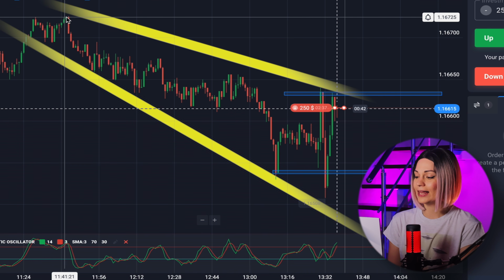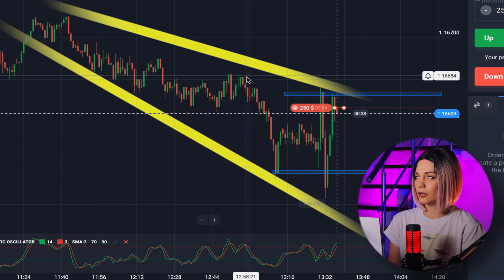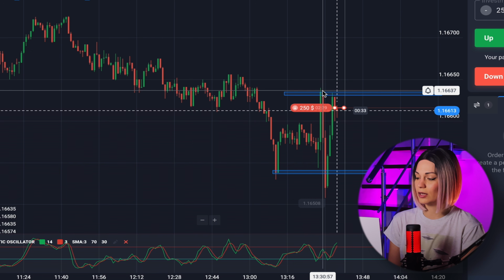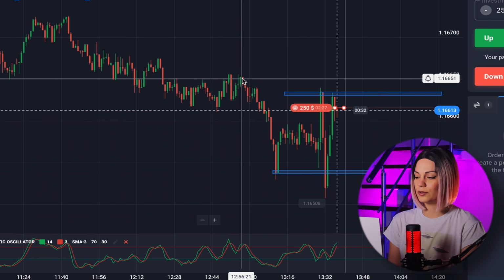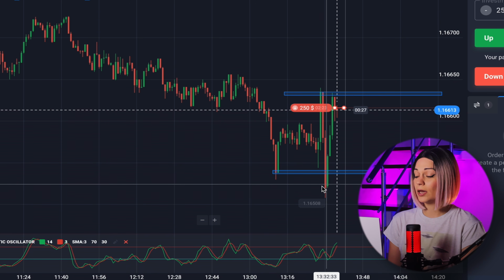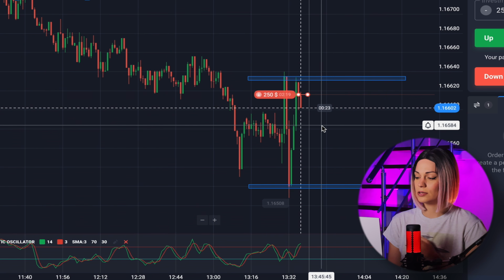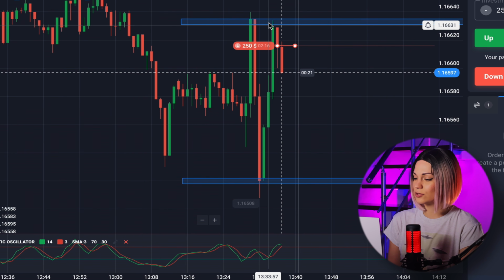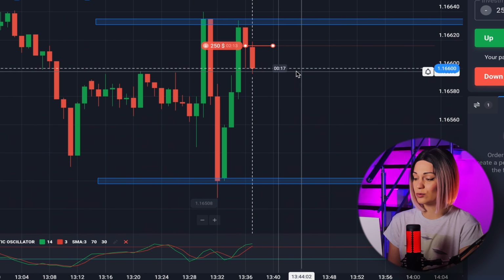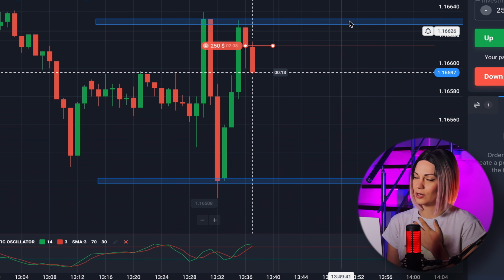This is our swing high, this is the swing low, next swing high, next swing low, and this swing high that we see right here is lower than the previous one. So the structure of the downtrend is not broken through, and the next swing low is actually lower than the previous one. That's a good sign. The price went back to our swing high right now, and it is reacting and moving downwards. So with huge belief, I opened the deal for a downward trend. Let's see what's going to happen.